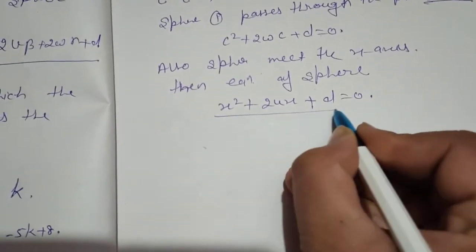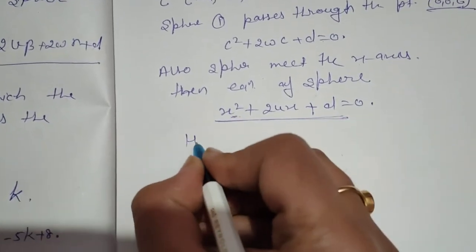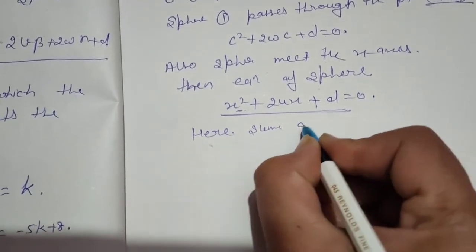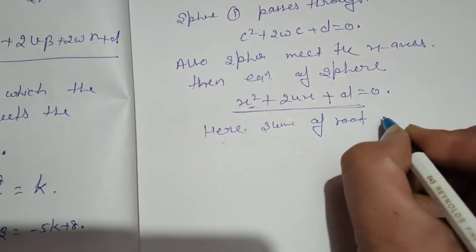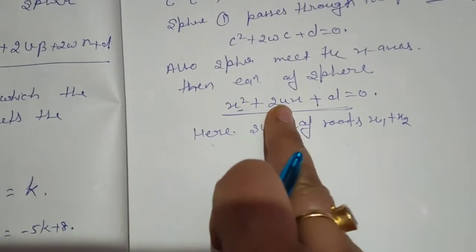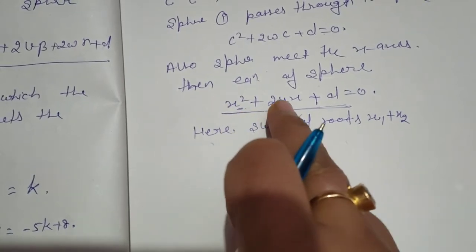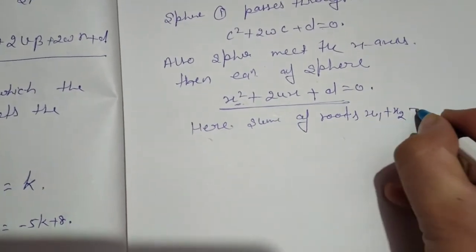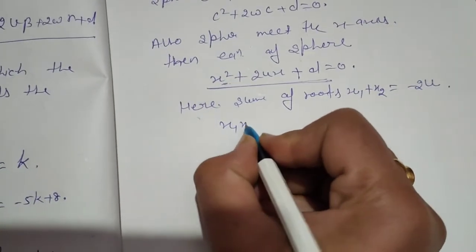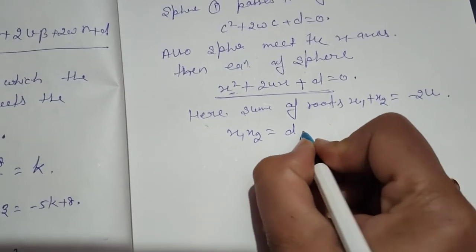This is a second degree equation in x, giving two roots, x1 and x2. Then the sum of roots is -b/a, which means -2u, and the product of roots is c/a, which is d.